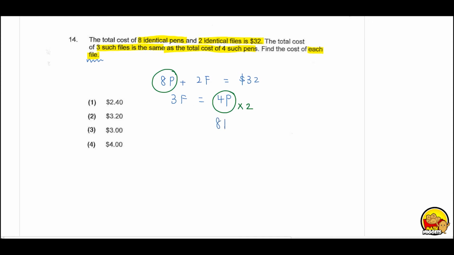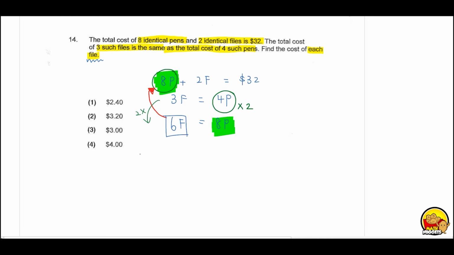So 4 pens times 2 gives me 8 pens, and 3 files times 2 gives me 6 files. Okay, so right now I have 8 pens equals 8 pens. And since 8 pens is equal to 6 files, I'm able to substitute 8 pens with 6 files.